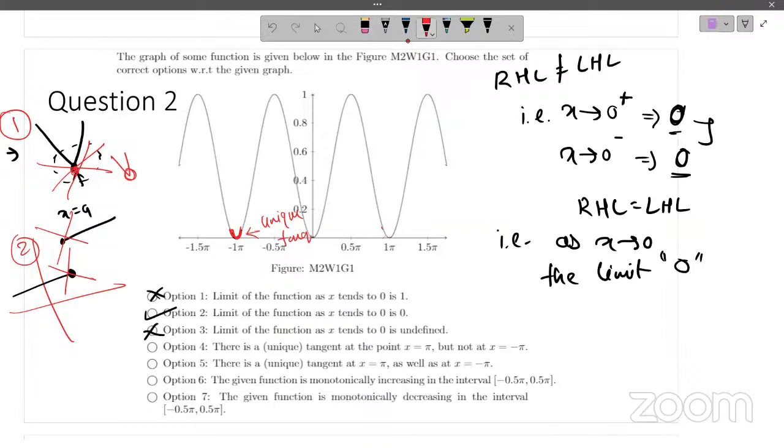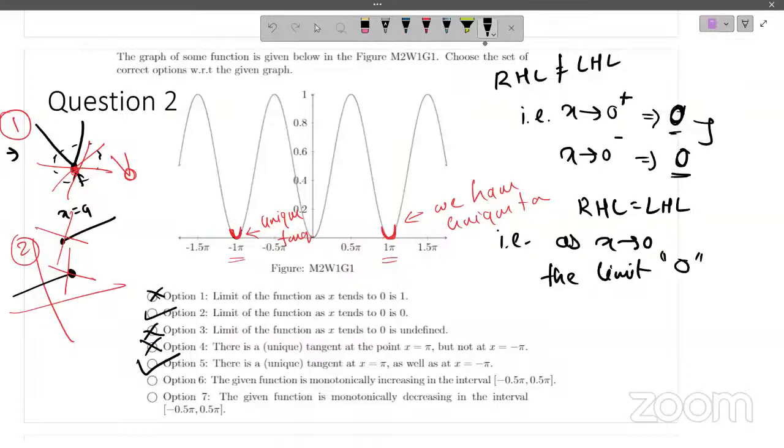But here observe that at both x equals pi and x equals minus pi, our graph is behaving very nicely. So you can say that at x equals minus pi and at x equals pi, we have unique tangents. So that means this option is also not true. Now the fifth option says that there is a unique tangent at x equals pi as well as x equals minus pi, which is true, right?